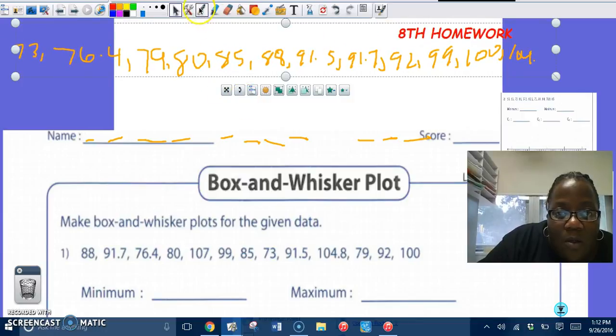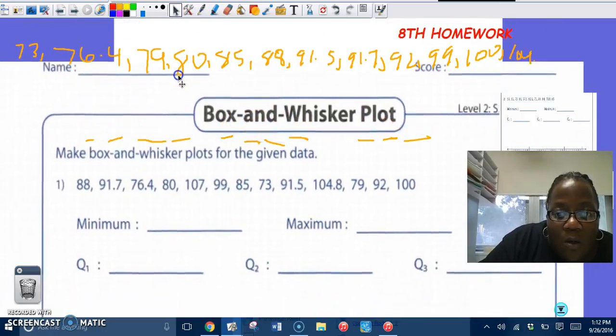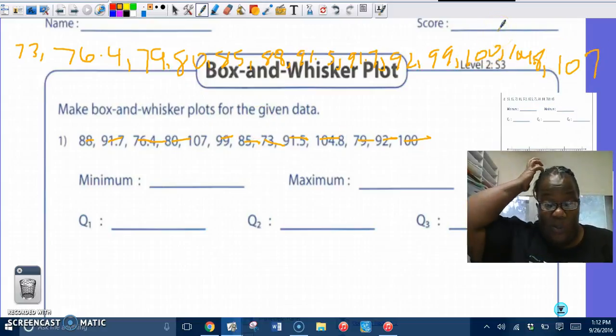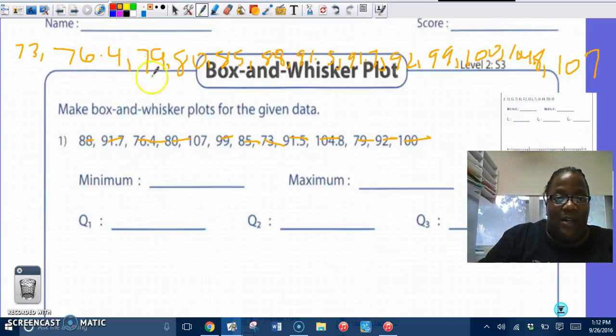There we go. .8 is where I left off. 104.8 and 107 being the highest. Sorry for it being sloppy, but I'm pretty sure you guys know what you're doing by now.